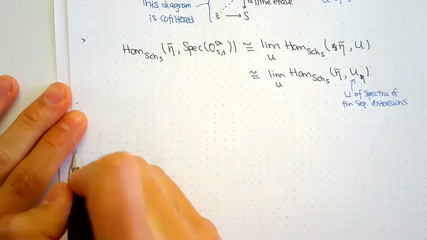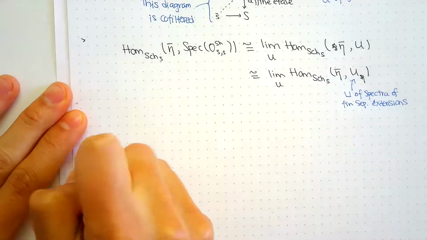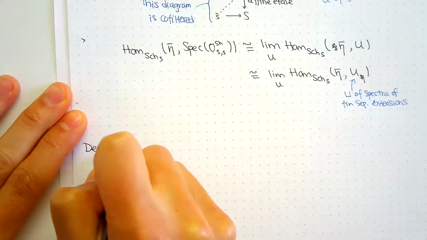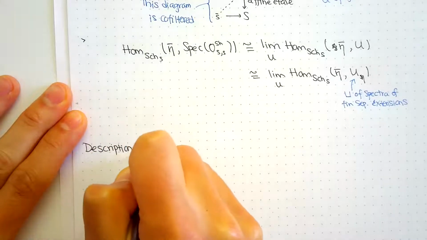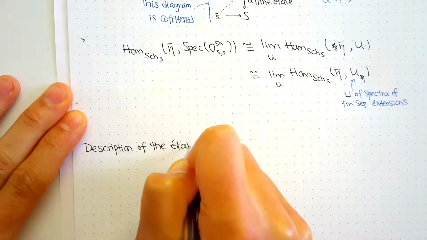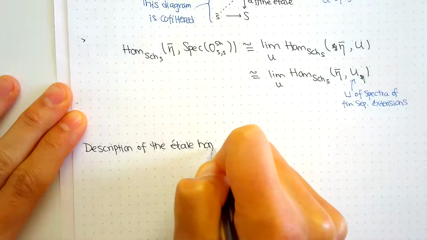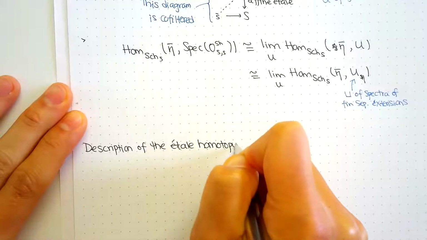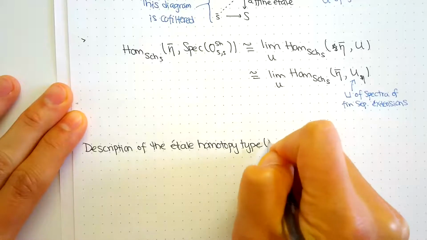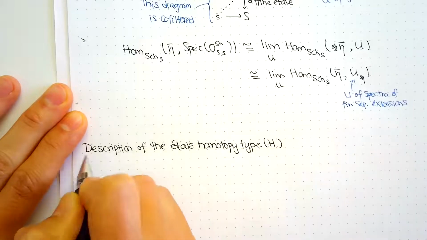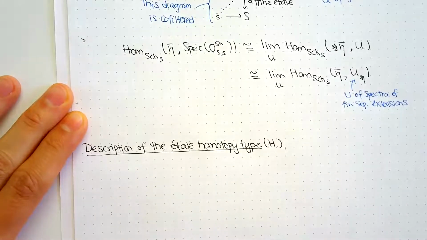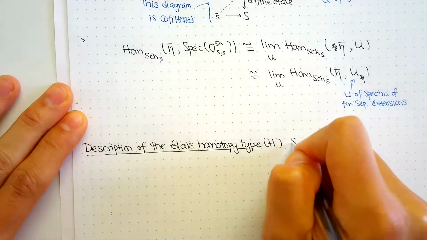Here's a description of the Étale homotopy type. This is something that is due to me, where again S is a QCQS scheme.